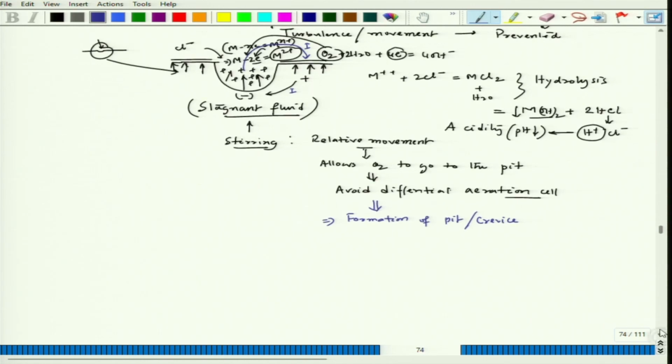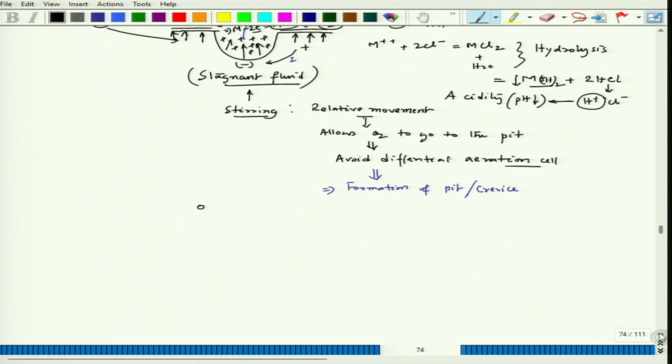The second part, we can think of the behavior of corrosion rate with velocity. There could be certain patterns. So, if I try to plot this behavior, let us say this is corrosion rate and let us say this is velocity.